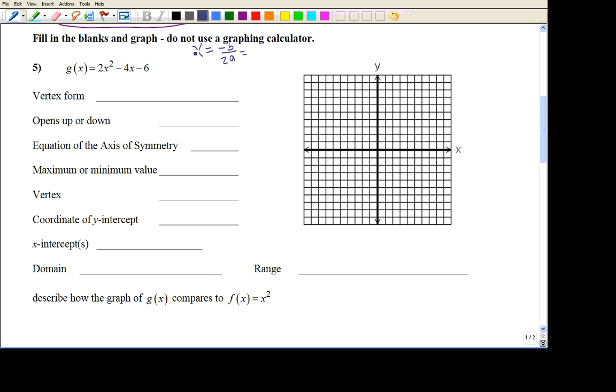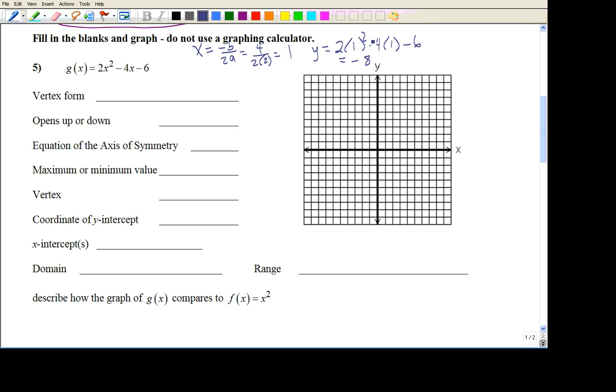So we will have negative of negative 4, it's positive 4 over 2 times a, which is 2. So 4 divided by 4 is 1. And then to get the y value, we just plug that back in. So we have 2 times 1 squared minus 4 times 1 minus 6. And that equals negative 8.